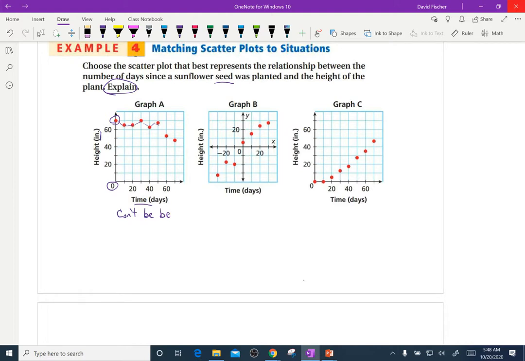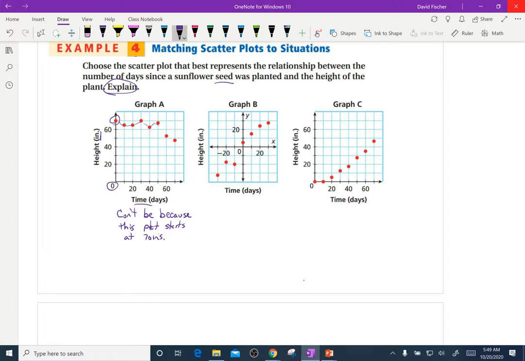This plant starts at 60, 70 inches. So it can't be that one.